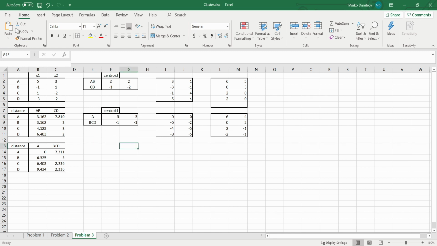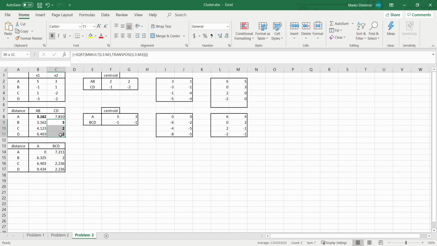What can we actually see from those distances? We can see that A is closer to centroid AB, because it's smaller than this one. So the distance between B and centroid AB is larger than between B and CD. So we would move this B to our cluster CD.